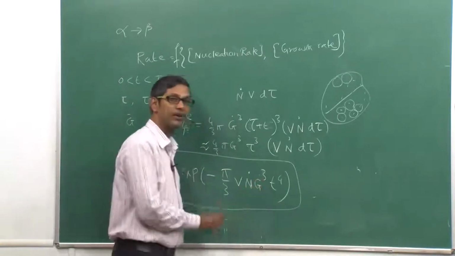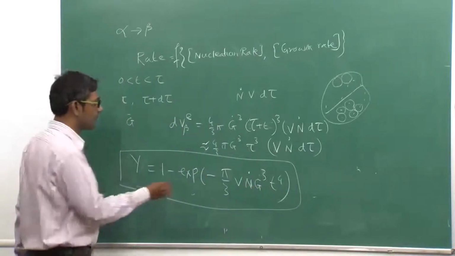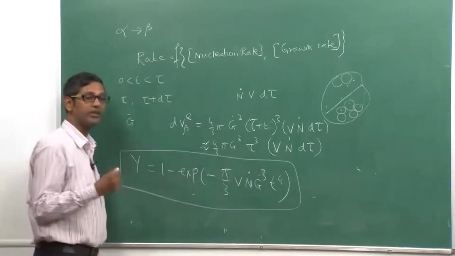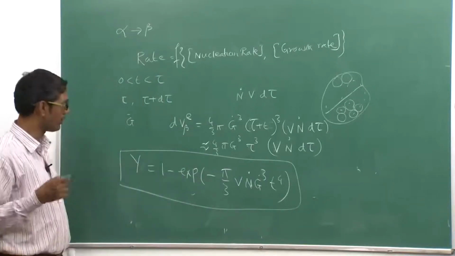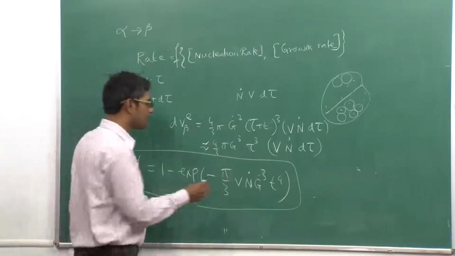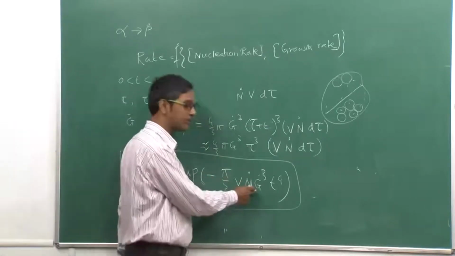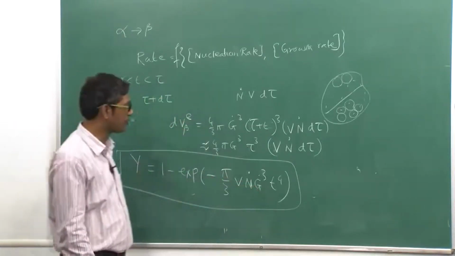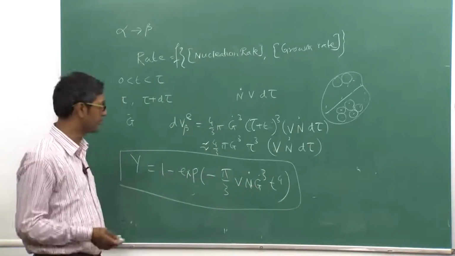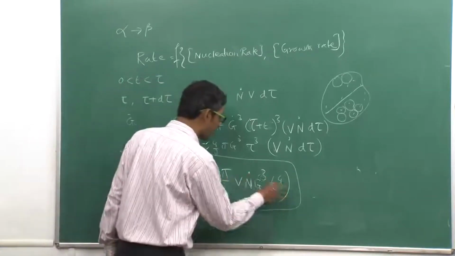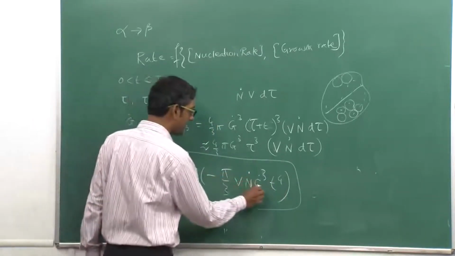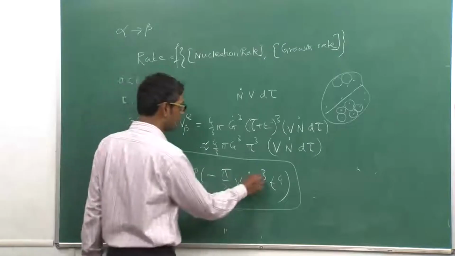G is not the same for all the processes. In a parabolic growth, diffusion controlled growth, G has a different expression than in monotonic growth or in case of recursive gain growth. So depending on the type of process, these factors G dot and n dot will change.